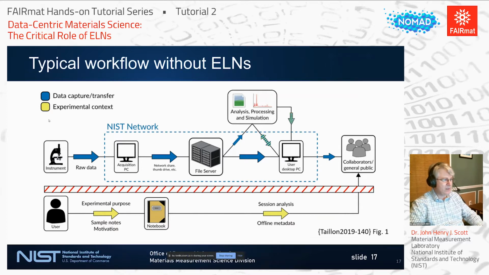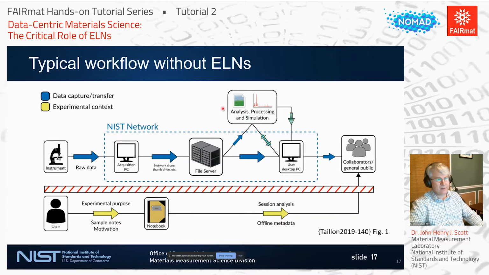And here what you have is an instrument, and there's a flow on top in blue, that's the data flow, and then there's a parallel flow in yellow of the experimental context, and a fairly severe barrier between the two. The instrument captures raw data onto hard drives, and various existing IT infrastructure, built for really other reasons, is able to deposit that raw data onto network attached storage modules or file servers.